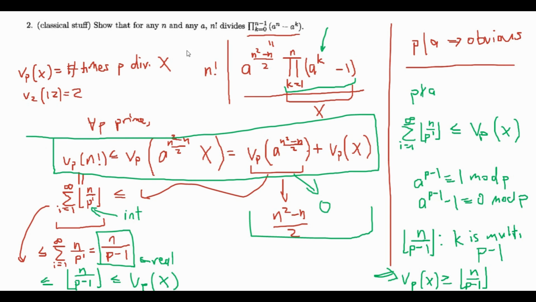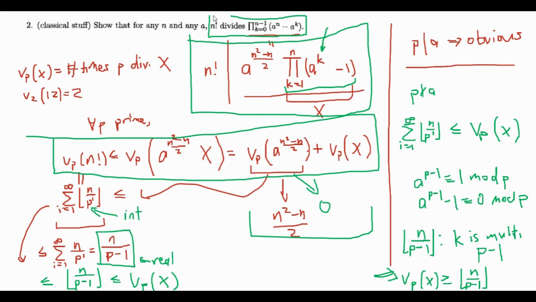So that means, since this argument works for all primes p, that n factorial must divide this entire expression. So that means n factorial divides the product from k equals 0 to n minus 1 of a to the power of n minus a to the power of k, and we're done.